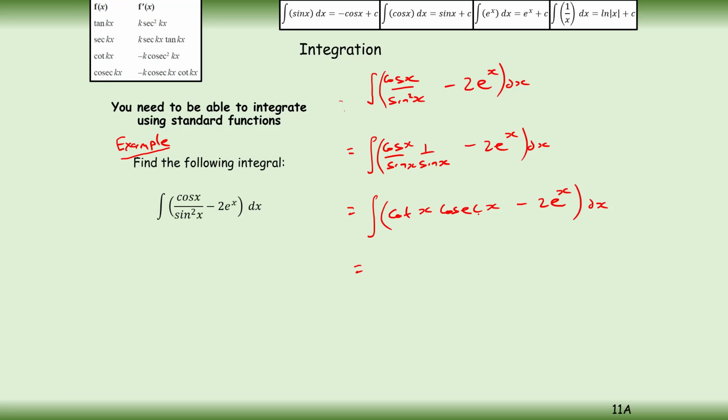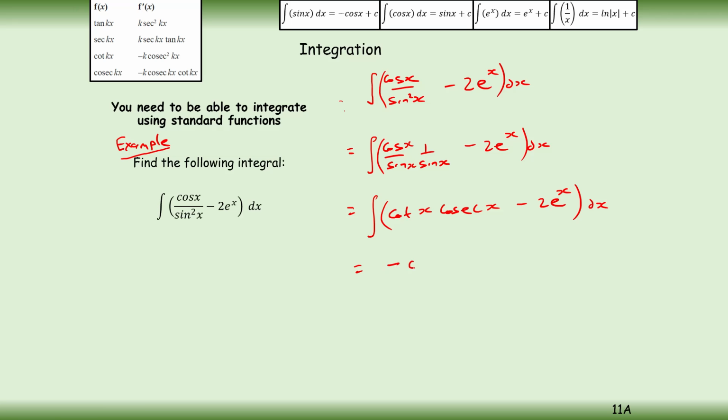Now, cot x cosec x, that's a standard function. If you have it here, cosec x cot x, it's the wrong way around, but the same thing, except we don't have any term next to the x, so it's just minus cosec x.